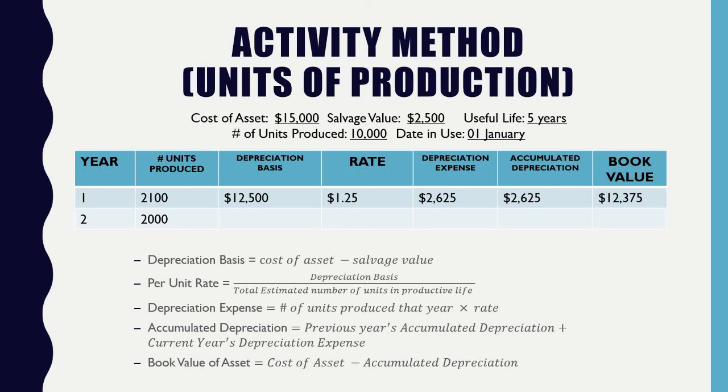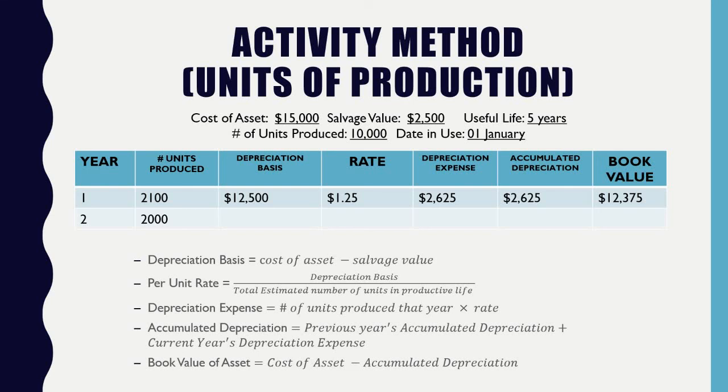Okay. So it would be 15,000 minus 2,500. Yes. The depreciation basis wouldn't change. It'd be 12,500. Perfect. Good.